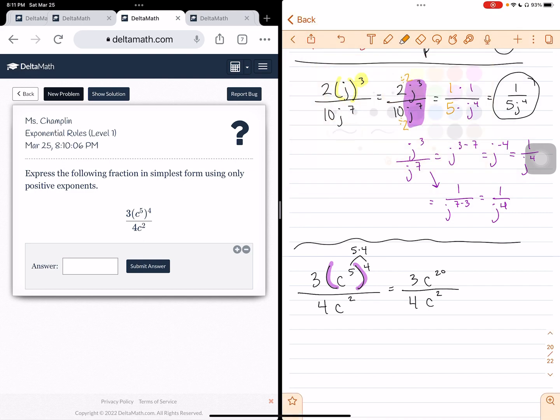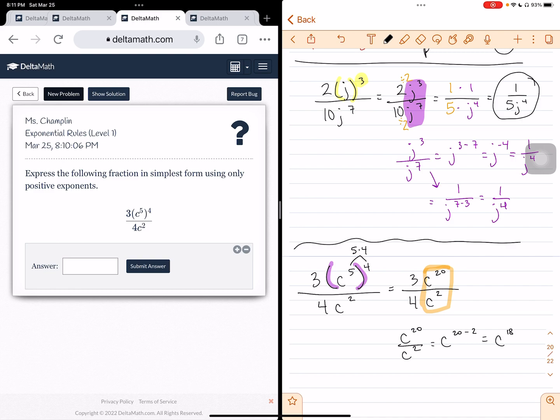Now, if we're looking at our numbers here, 3/4, can we simplify that fraction down anymore? Nope, it's already in simplest form. So we're going to leave it as is. But here, the c to the 20th over c squared, we can definitely simplify that. So c to the 20th over c squared is equal to c to the 20th minus 2, which is c to the 18th power.